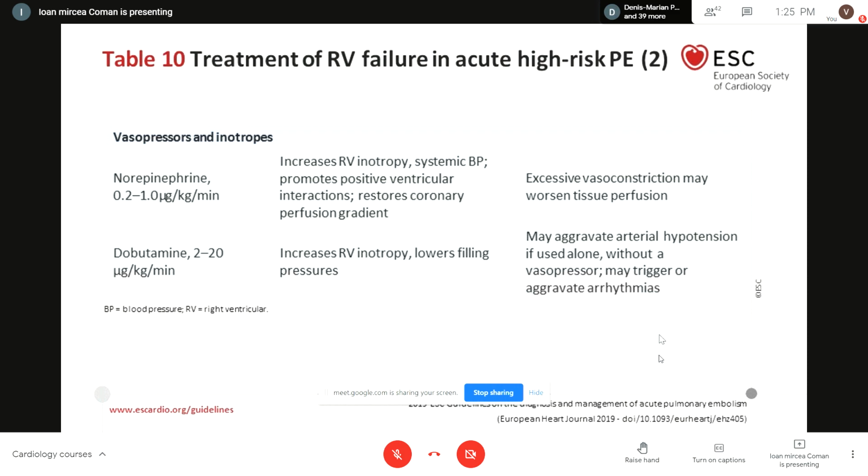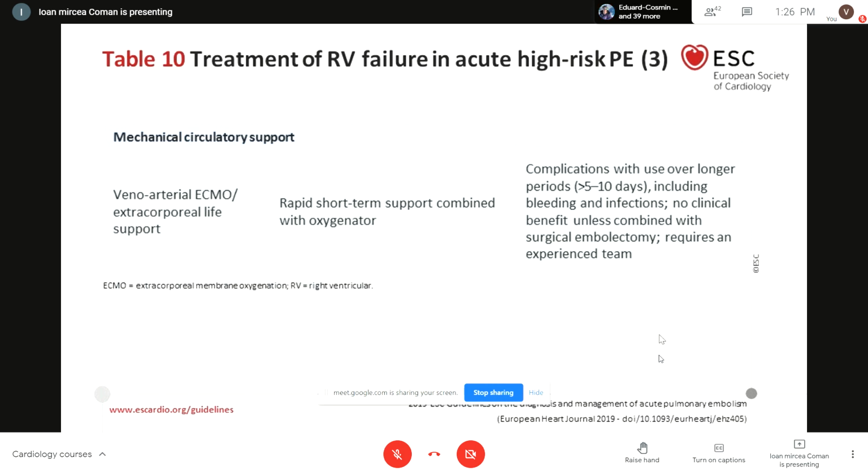When we have acute right ventricular dysfunction with persistent hypotension or shock, yes, we can use medication to improve the contractility. Norepinephrine, dobutamine, and so on can be used, of course, in the intensive care area.